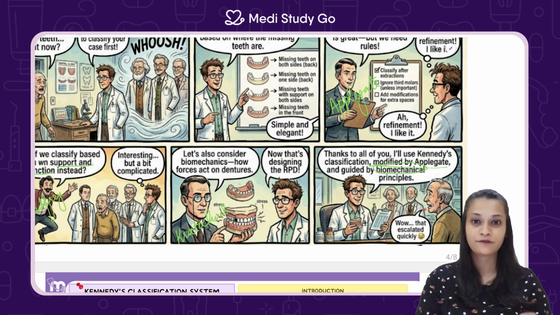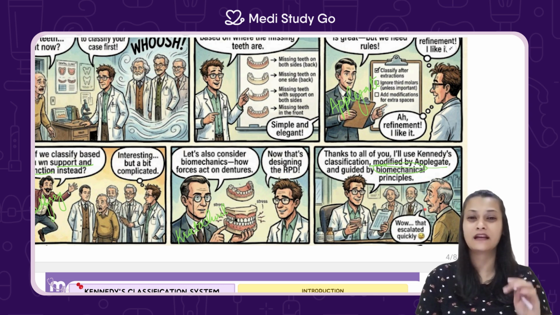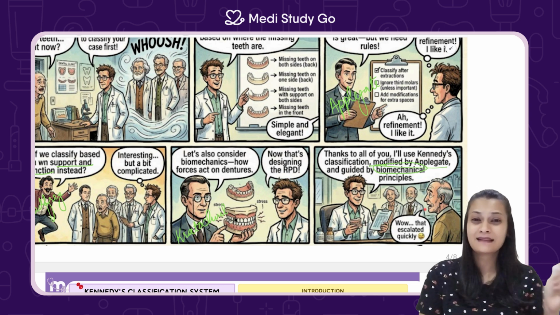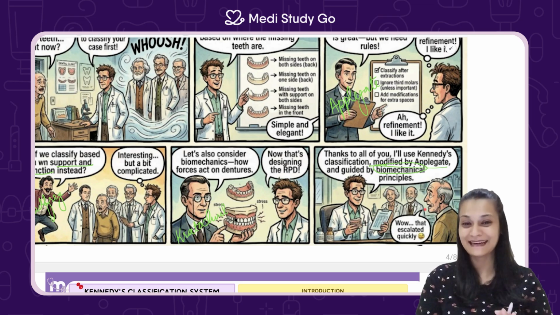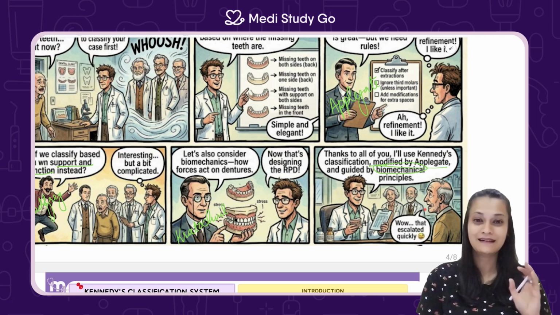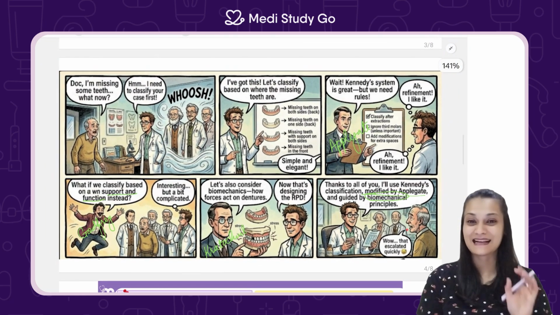There were other classifications based on the position, if it's diagonal, if it's in front, if it's posterior, all of these, but it was very confusing. And rather than simplifying, it just added more to the confusion. And in the end, it was Edward Kennedy and his dream of leaving the legacy behind that succeeded.